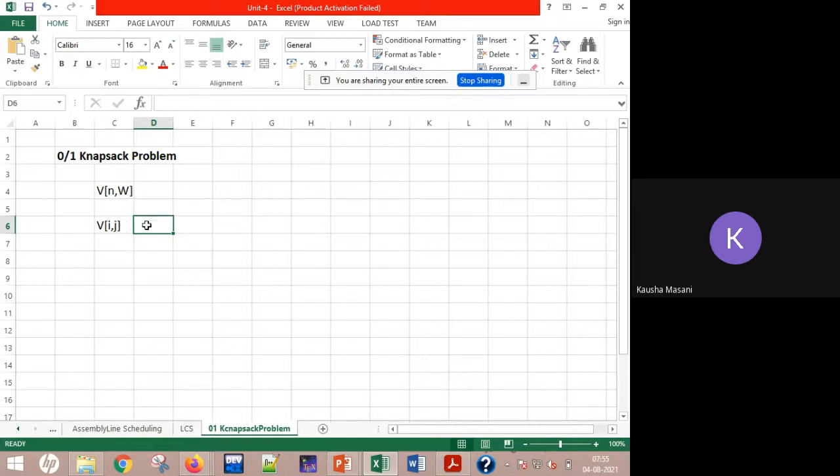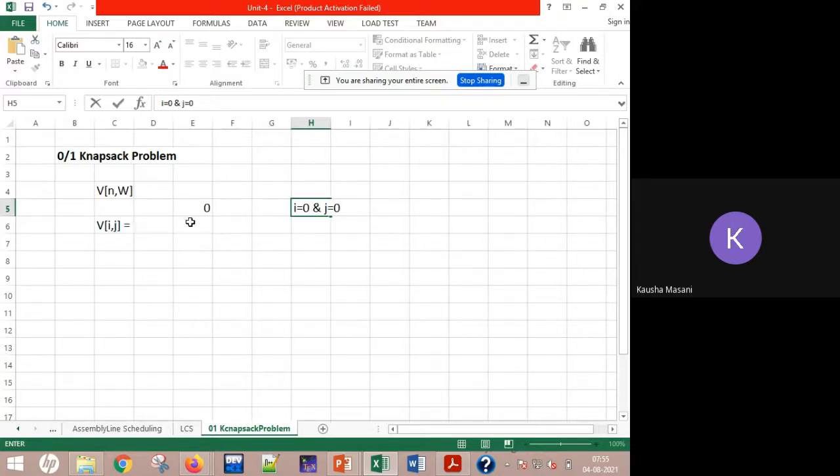Now this V of ij can be given as follows. First, the cell value can be 0 in the case where I is equal to 0 and j is equal to 0.